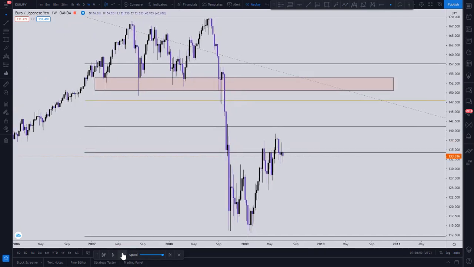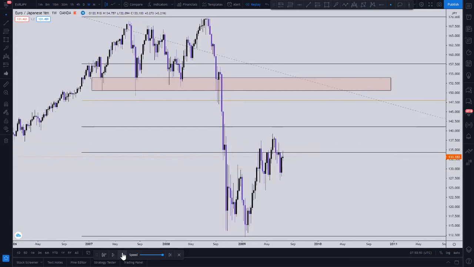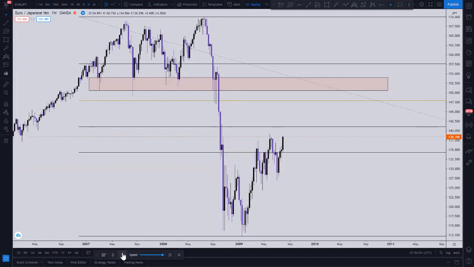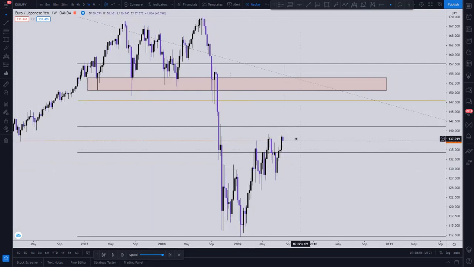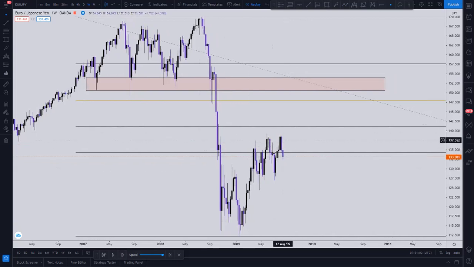It comes back, pushes down, comes back, pushes down, and then it taps my level exactly at that level. And then what does it do? It gives me an engulfing candlestick. If you know candlestick patterns, it gives me a candlestick pattern, and then I place my trade.